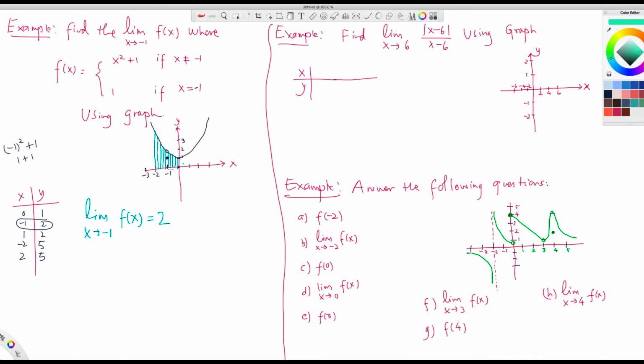We will cover the left limit and the right limit in the next chapter, but let me give you a slight idea of what the left height and the right height are. What we say here is limit as x tends to -1 from the left. This is where we write a minus in the exponent, which means we are getting to -1 from the left. You got that is 2.